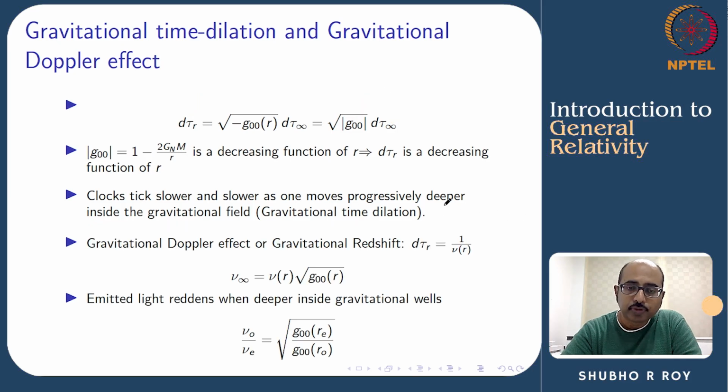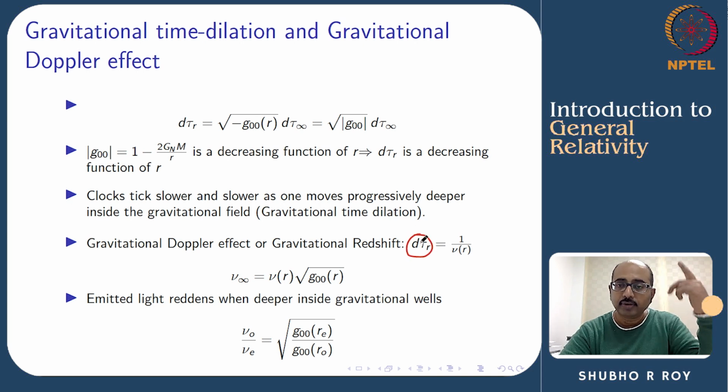And then there is an associated phenomenon which is called the gravitational Doppler effect or the gravitational redshift. So for this, please remember that if I have some clock, for example, an oscillator ticking at the radial location r, the frequency of that oscillation would be given by 1 over nu of r, which is related to this. If d tau is the time period, let me write T at r as the time period, then 1 over nu of r, the frequency of that oscillation, will be given by this relation.